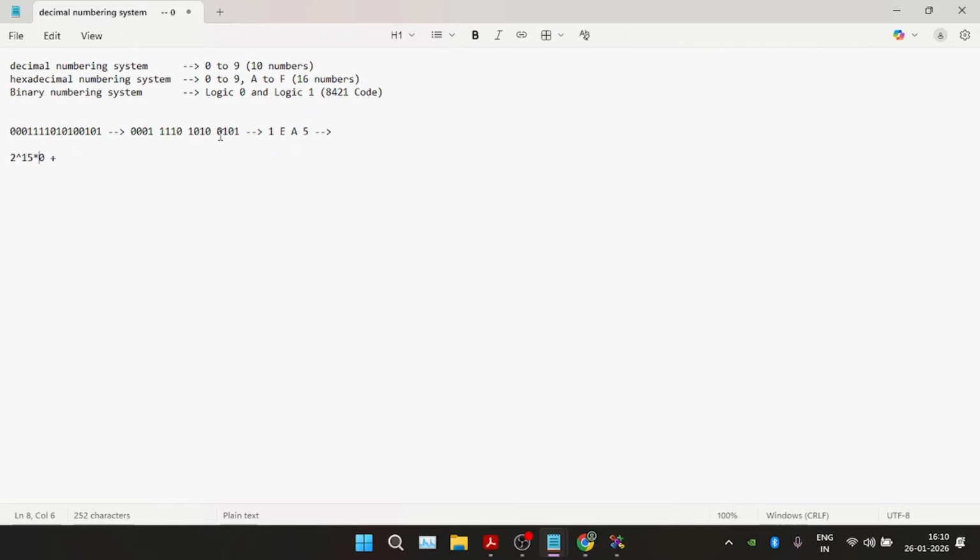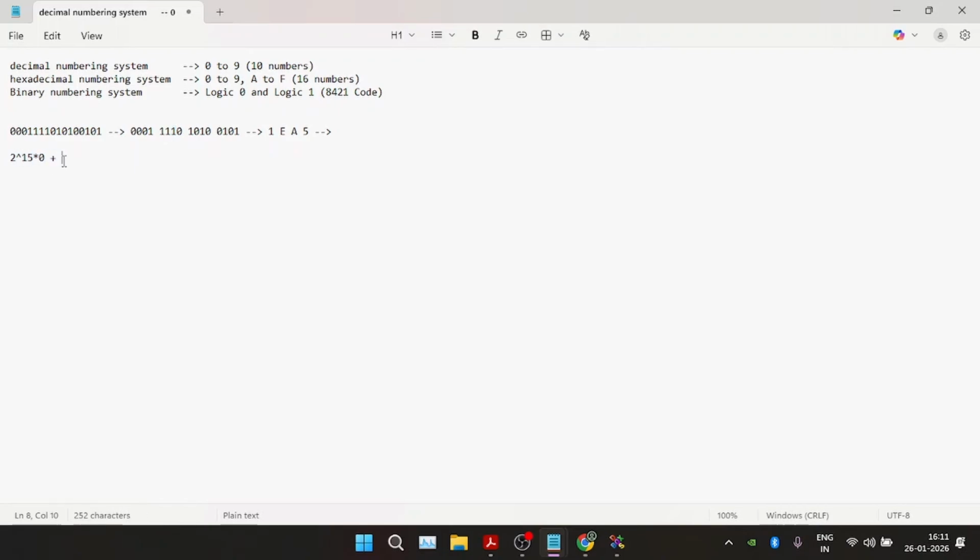So the basic conversion is, if you want the weightage of any particular bit, that should be multiplied with the state of that particular position. For example, take this particular position, the second position, 0 1 2. It is logic 1, so this will be 2 power 2 multiplied by 1. In that way you can eliminate all the zeros and just add all the ones.